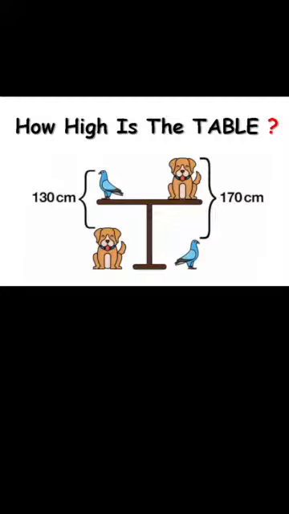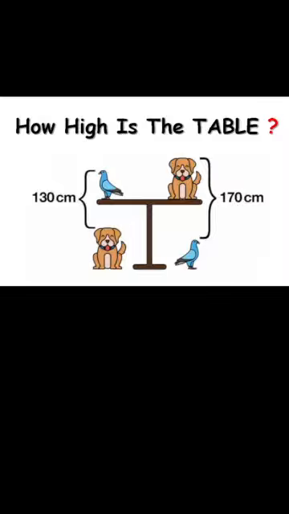Now we have this interesting puzzle in which we need to calculate the height of the table. On the left hand side, we are given a bird sitting on the table and a dog at the bottom of the table, and on the right hand side we can see a dog sitting on the table and the bird under the table.